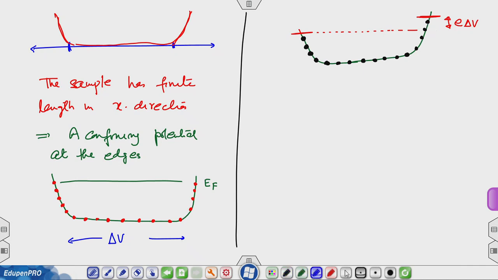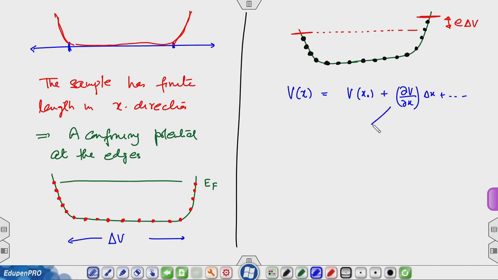Now, this potential V(x) can be written as V at whatever that point is, x0, plus dV/dx delta x plus so on.